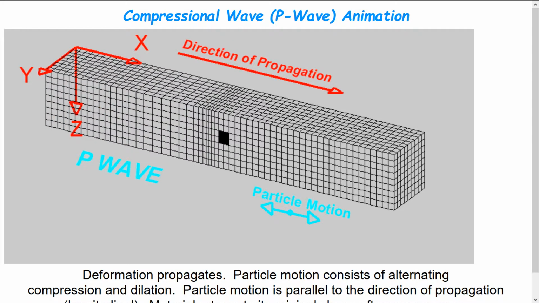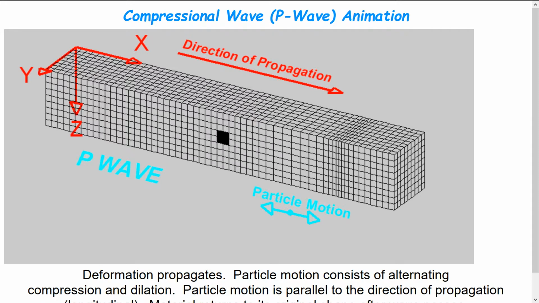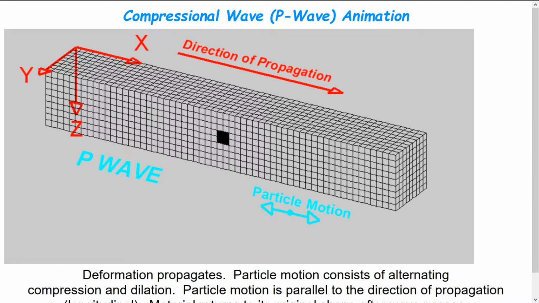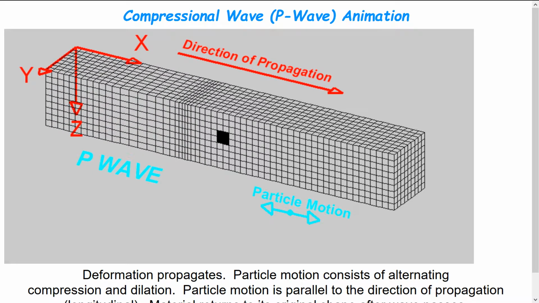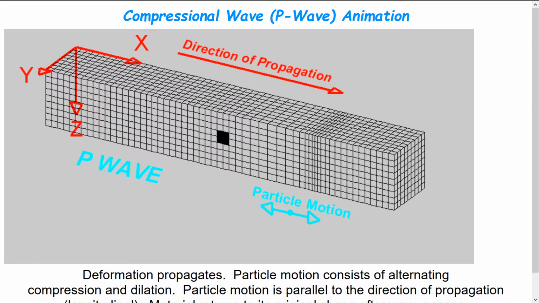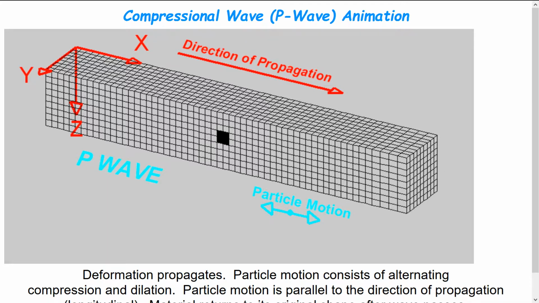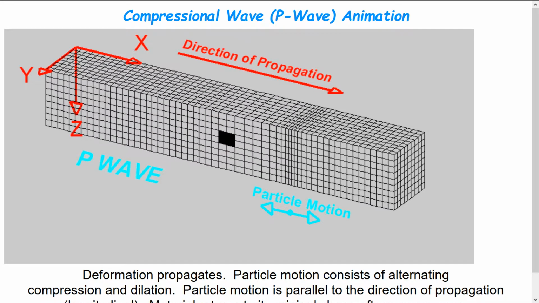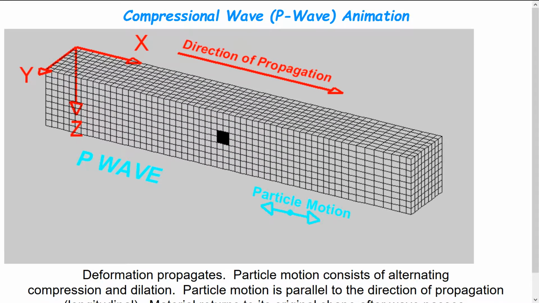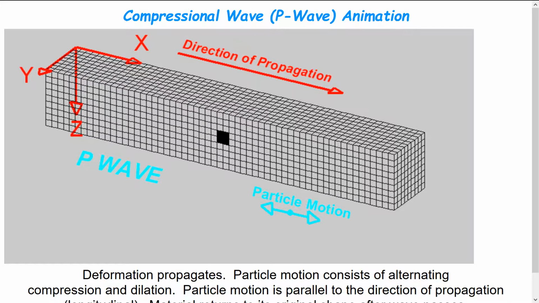There are some other places in which I'm going to have expansion. Okay? And one more thing, the particle motion, notice that it's in this direction and it's in the same direction as the wave propagation. So the direction of propagation is in this direction, direction x, and the particle motion is in the same direction. So this is the P wave.